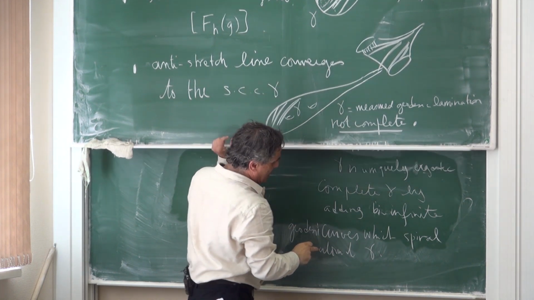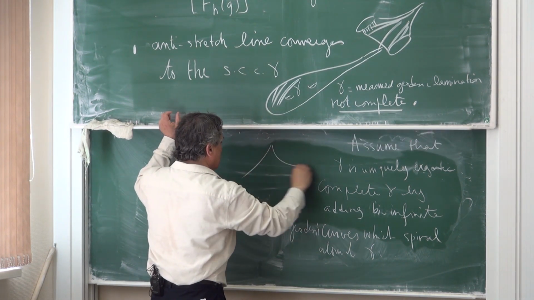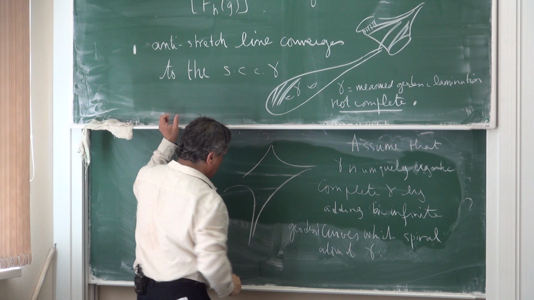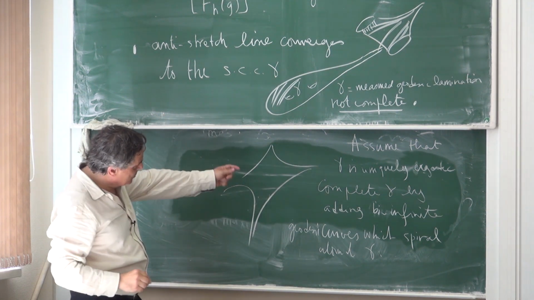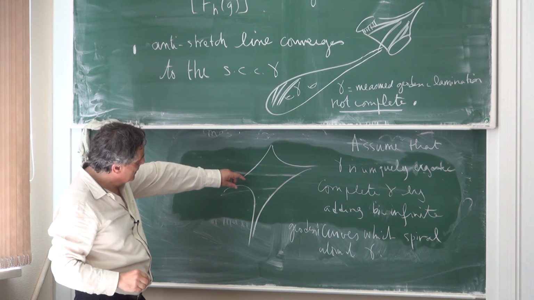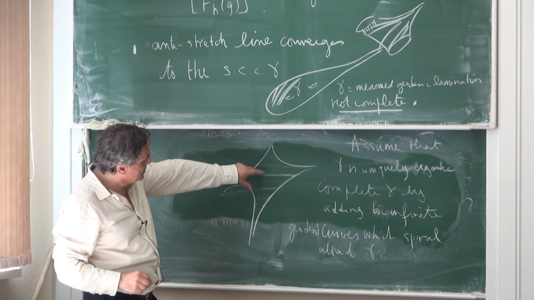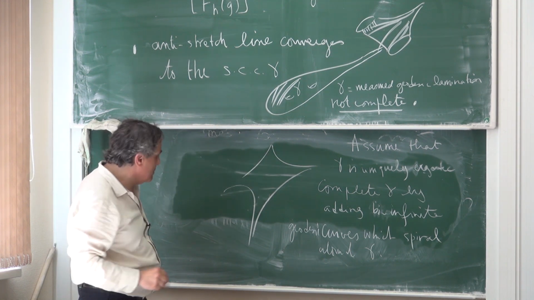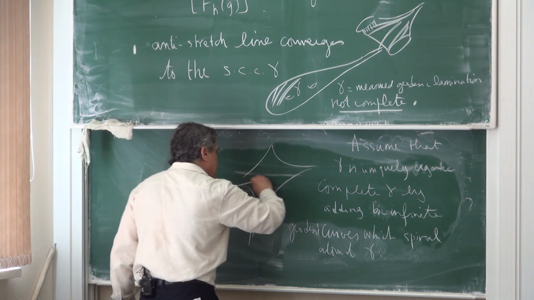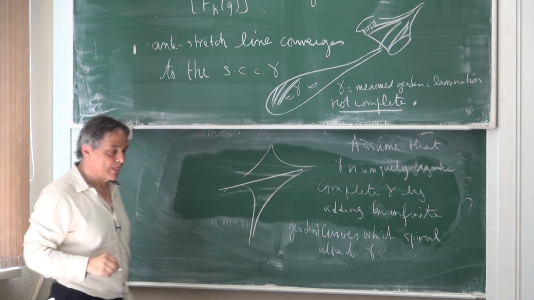If gamma is not a simple closed curve but a general measured geodesic lamination, the complementary components are not just triangles; they could be polygons. Spiraling means that I'm just adding leaves which go into the cusps. Okay.